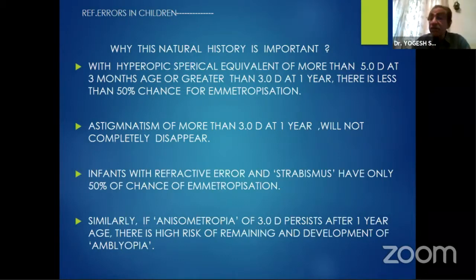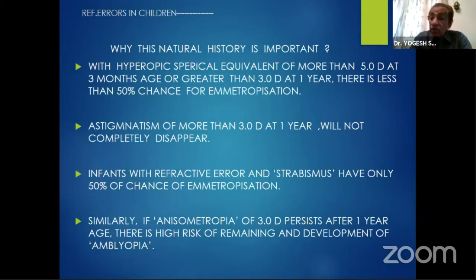Those repercussions are that you might go into an amblyopia, a defective vision, and you might go into a bilateral ametropic amblyopia if the hypermetropia is more than that, or you may go into an esotropia. So this is the cascading effect if the hypermetropia does not disappear.